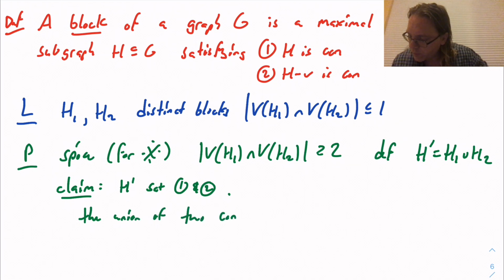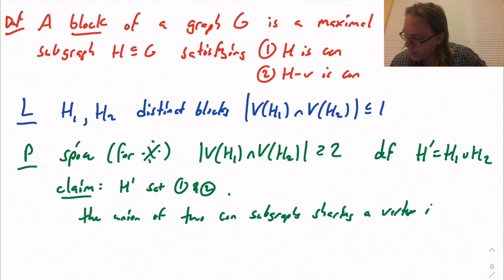So the union of two connected subgraphs sharing a vertex is connected, and so 1 holds.